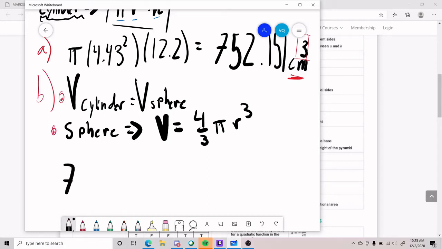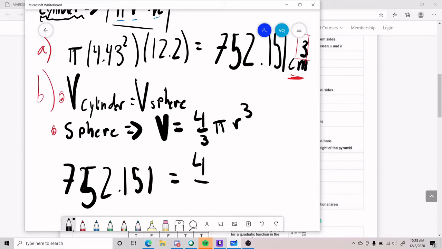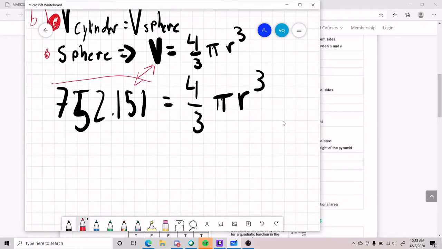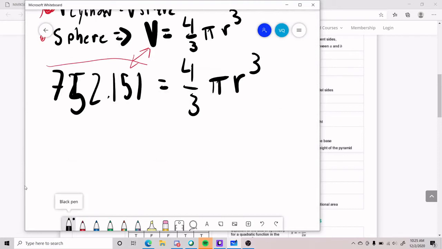So we end up with 752.151 equals 4/3 pi r cubed. And we don't know what r is, right? The 752 I'm plugging in here is the volume that we found in part A. And we know that both volumes are the same for both objects. And so working this out a little bit, you want to leave r alone, right?